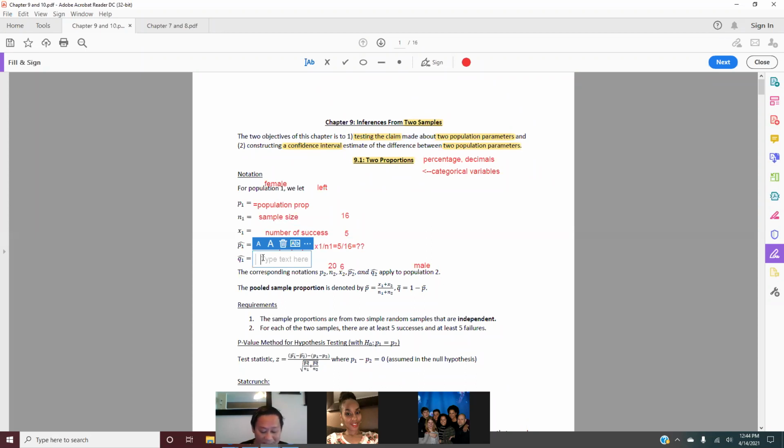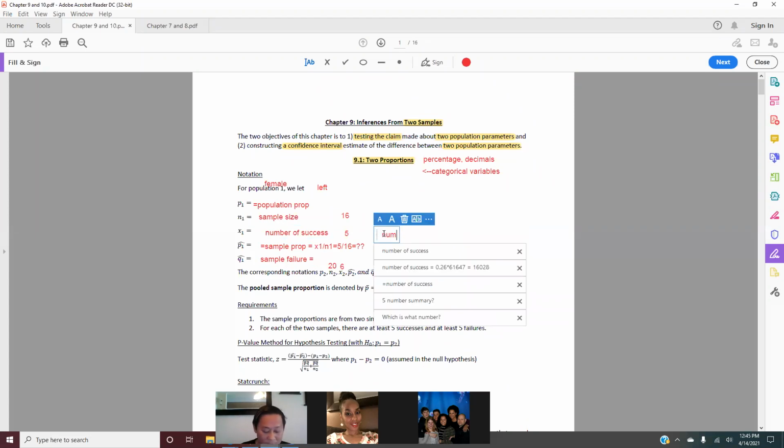q1 hat in this case is the sample failure. Sample failure is the opposite of the number of successes. So if there are 5 girls in my class who are left-handed out of 16, can someone tell me what is the number of failures in this case? That means how many of them are right-handed?